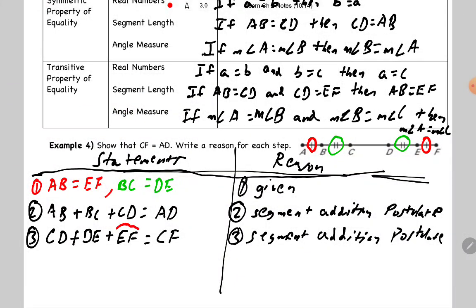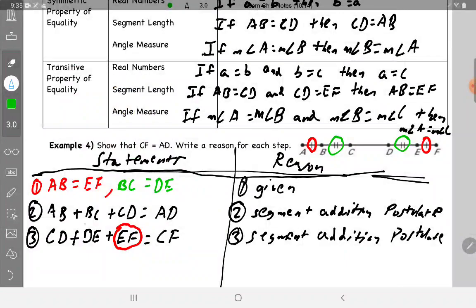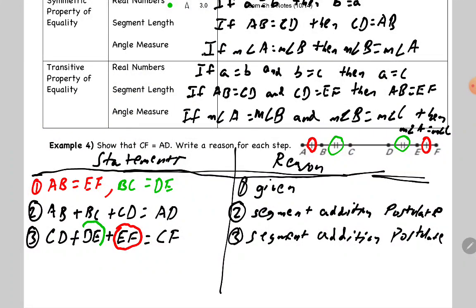So this that I circled in red is AB. And then what I circled in green, so BC equals DE, is BC.